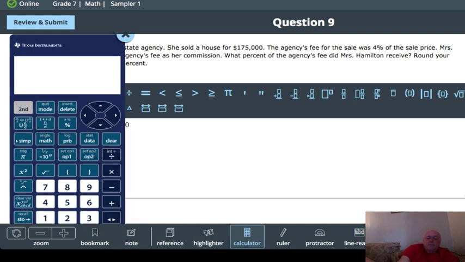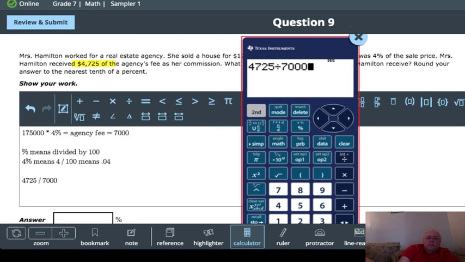So bring that up. 47.25 divided by 7,000 equals 0.675, which means 67.5%.